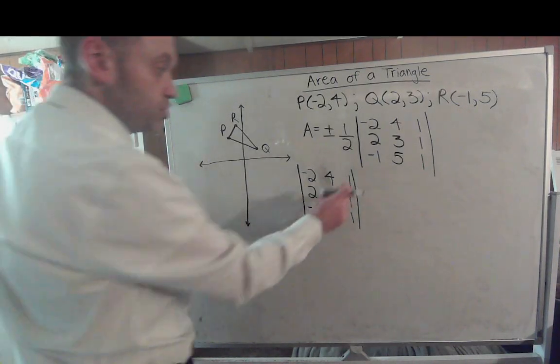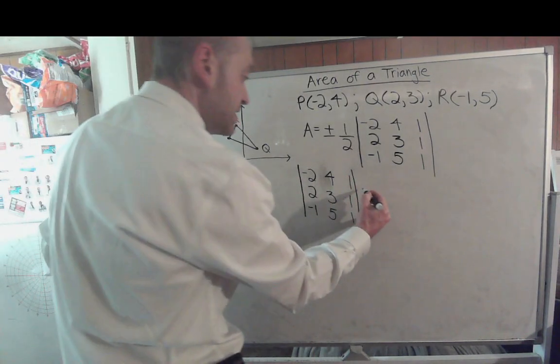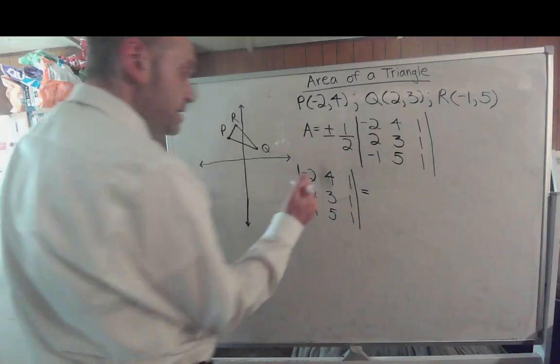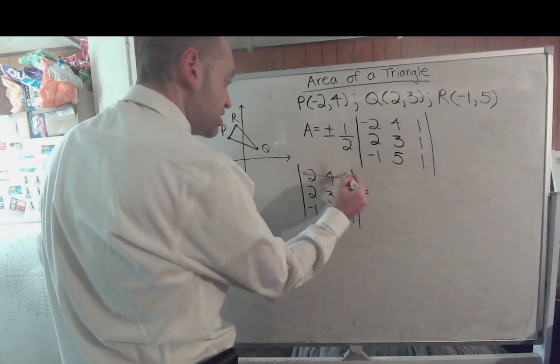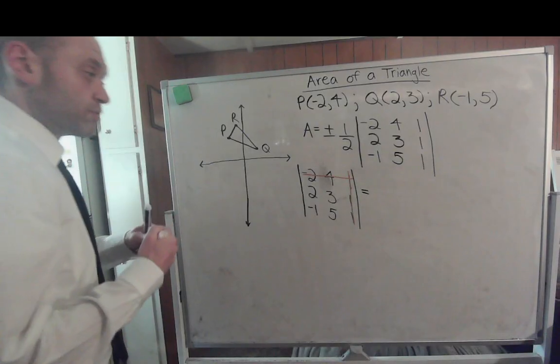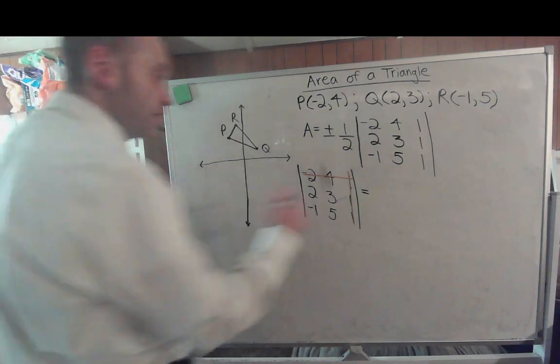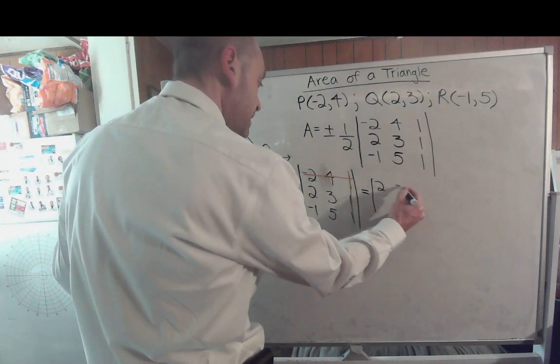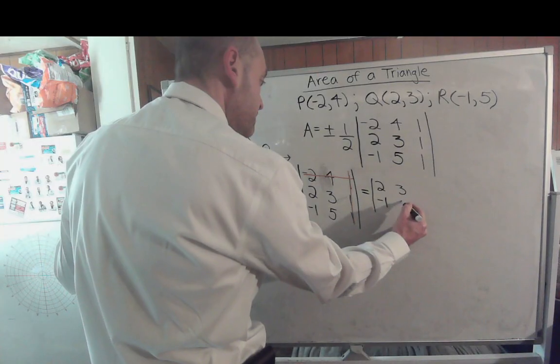The first entry in the third column is a 1, so I take the positive of that 1 times the resulting determinant when I strike out the column and row in which that 1 occurs. That'll be the determinant of 2, 3, -1, 5.